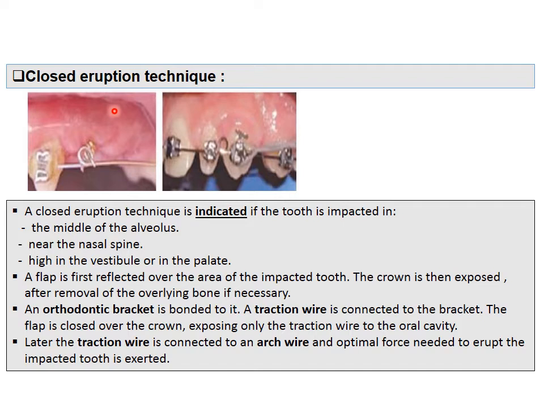at that time we elevate a flap, exposing the tooth and the crown.